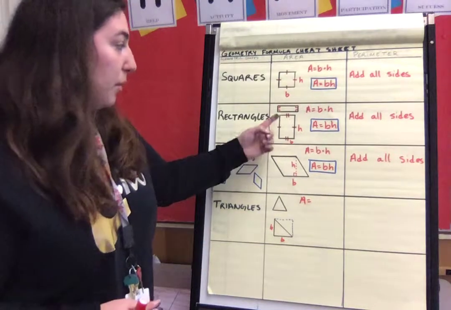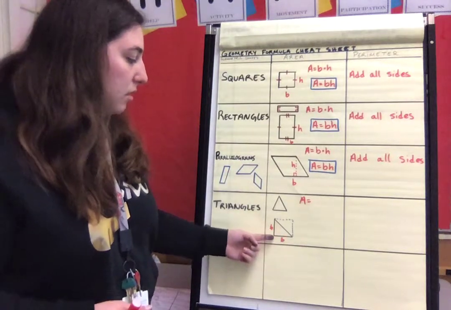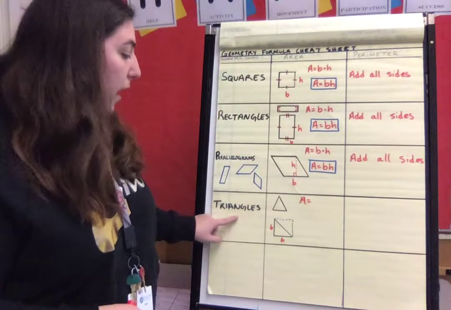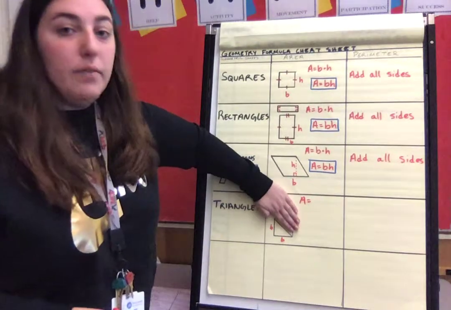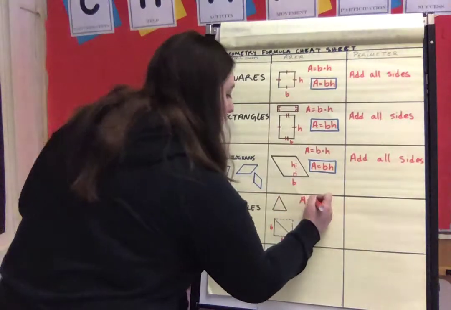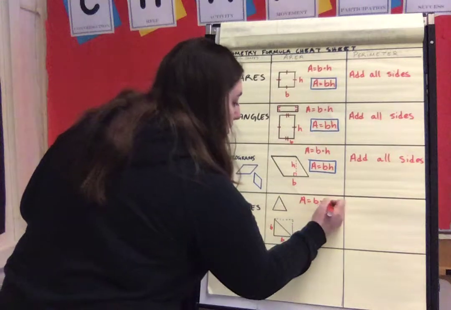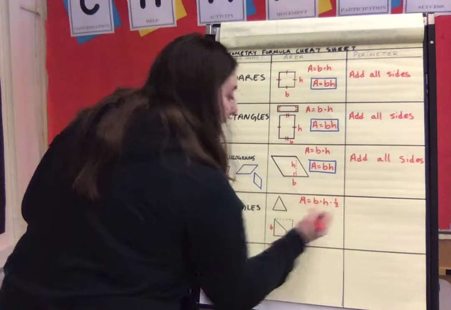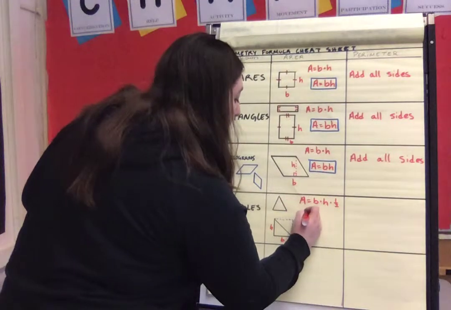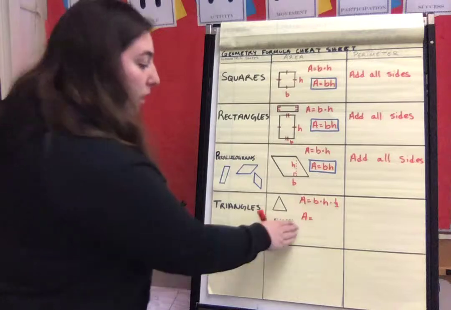It's similar to all of these area formulas, but it's the base times the height divided by 2 because a triangle is half of a square or rectangle. So this is how it looks. Base times height times a half.